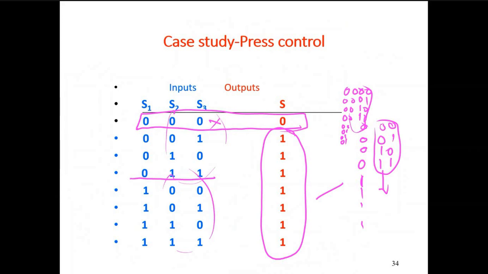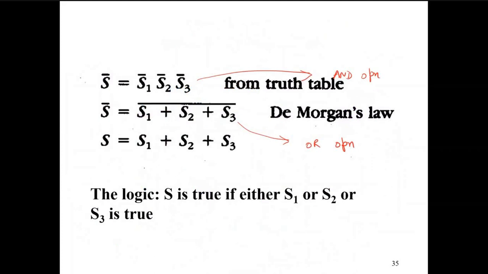Done. Makes no sense to go to the other route, right? So that's the only one that's going to be controlling the process from the truth table, not S. When I put the sign equal to, it means yes, the output is coming. S is not true when S1 is not true or S2 is not true. Am I making a mistake?